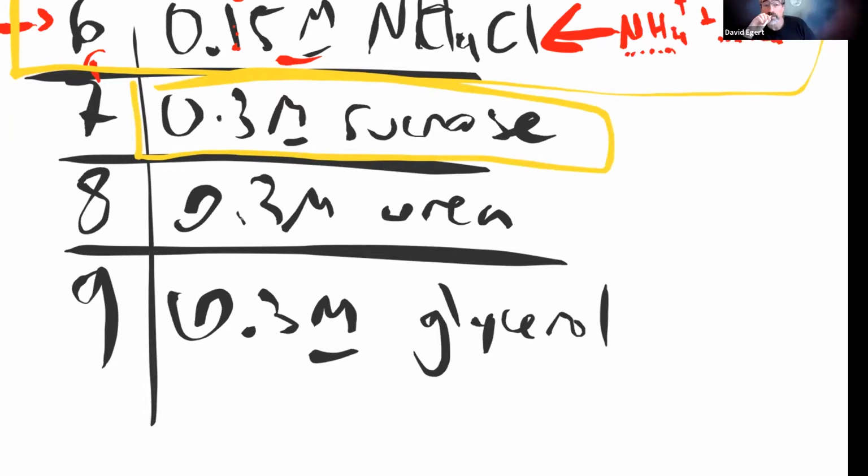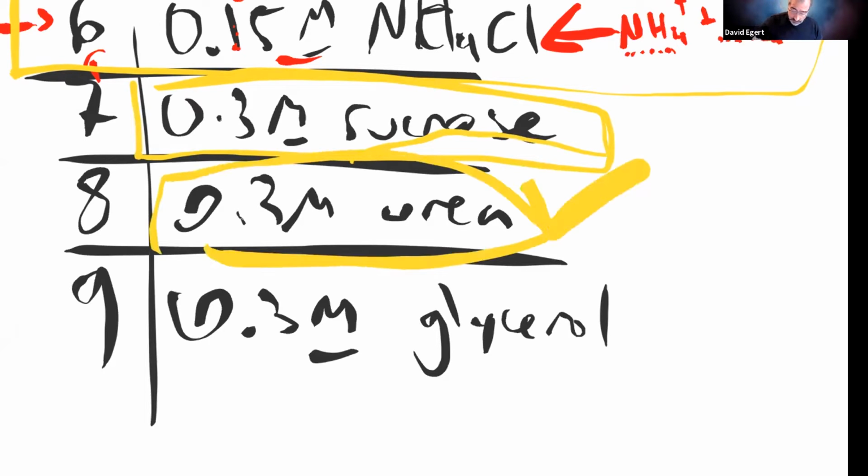Yeah, we have isoosmotic, and sucrose is non-penetrating, so we have a nice isotonic situation. Urea, we've already talked about. Again, urea is penetrating because it's small and polar, but it's really small. It penetrates enough that the cells are all going to take on water and lyse. What about glycerol?